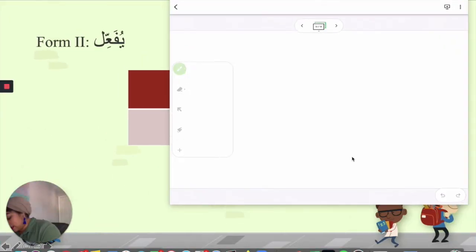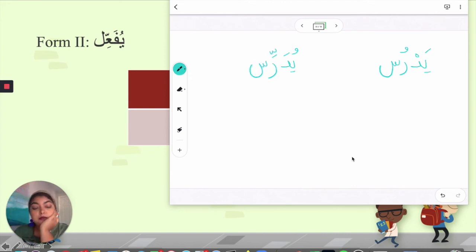So let's look at these 2 words because some of you may be confused. What's the difference between these 2?